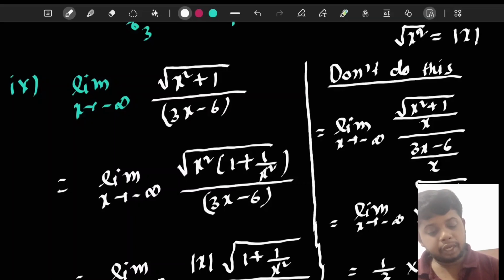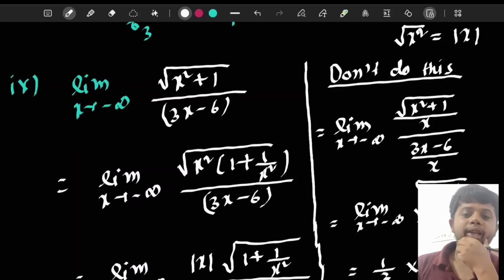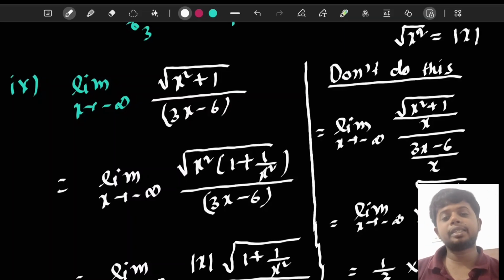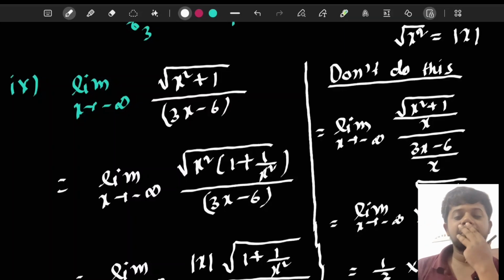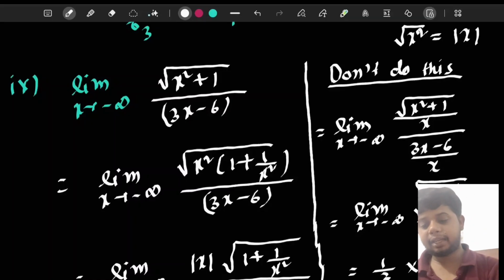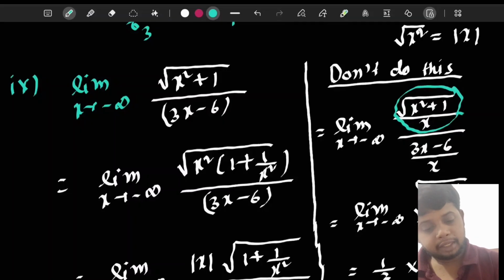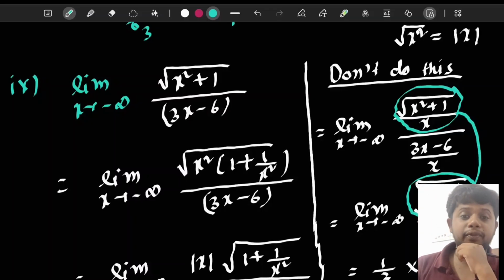This is absolutely wrong. Can you tell me which step is wrong? Yes, you are guessing right. We cannot write from this line to this line. It is illegal because x is negative.